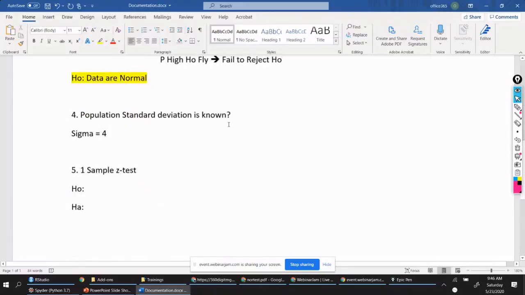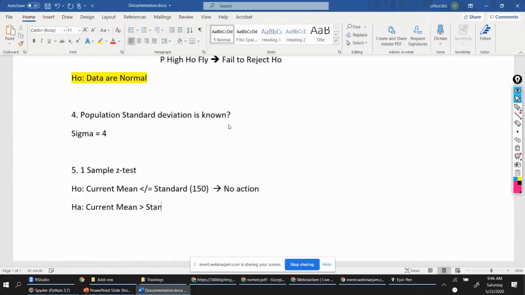When would you continue the production? When the current mean is less than or equal to the standard, which is 150 meters. We discussed, remember, ultimately we need 150 meters as the current mean, but even if it is less, no problem, because we are going to compensate the customer. So no action. But if the current mean is greater than the external standard 150, then we take action.